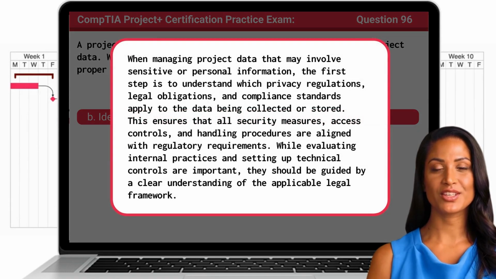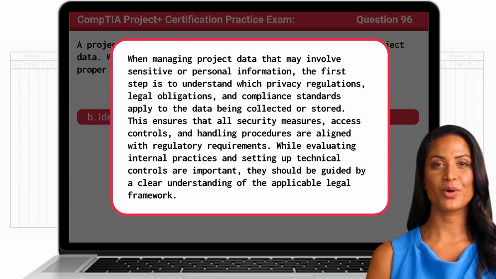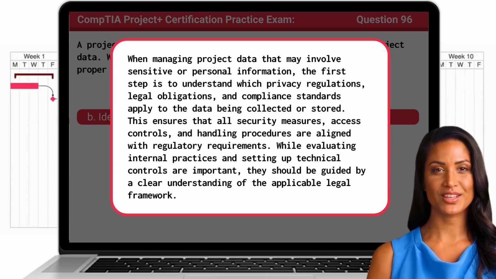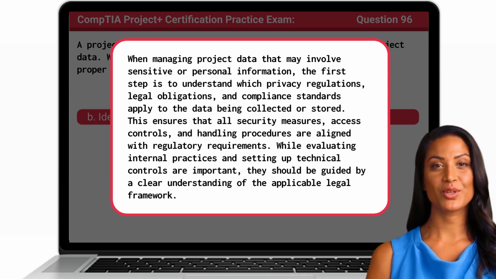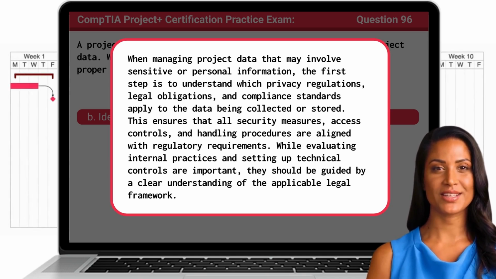When managing project data that may involve sensitive or personal information, the first step is to understand which privacy regulations, legal obligations, and compliance standards apply to the data being collected or stored. This ensures that all security measures, access controls, and handling procedures are aligned with regulatory requirements. While evaluating internal practices and setting up technical controls are important, they should be guided by a clear understanding of the applicable legal framework.